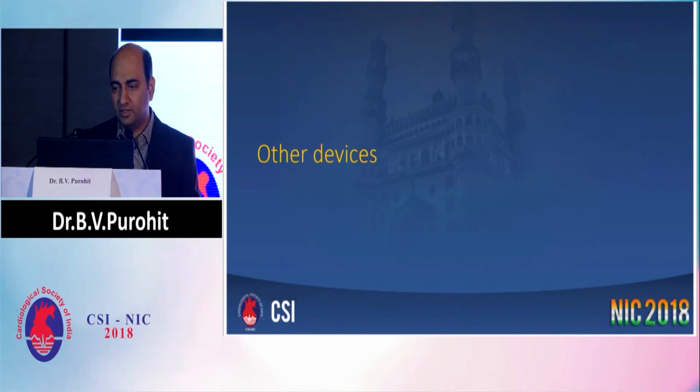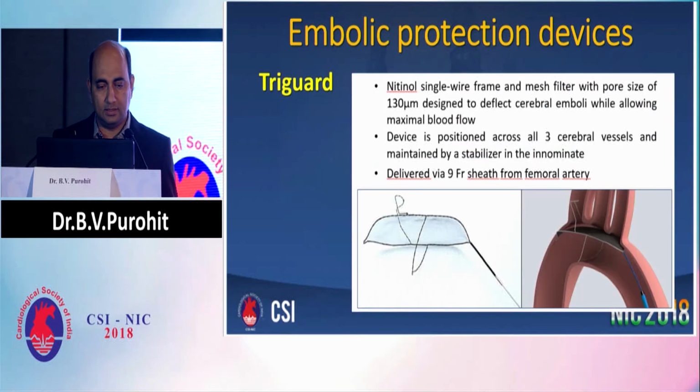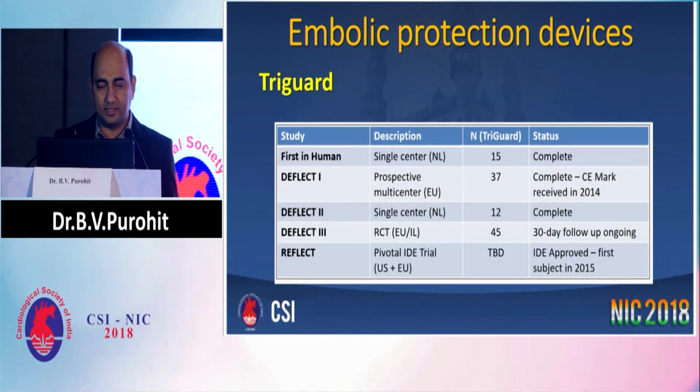The other two devices are the Umbrella, which is implanted in the aortic arch, and the TriGuard. So we had the study with TriGuard, or the DEFLECT 1, 2, 3. They have suggested that these are pretty safe devices, but they don't have robust data to suggest whether they are showing statistically significant improvement or not.